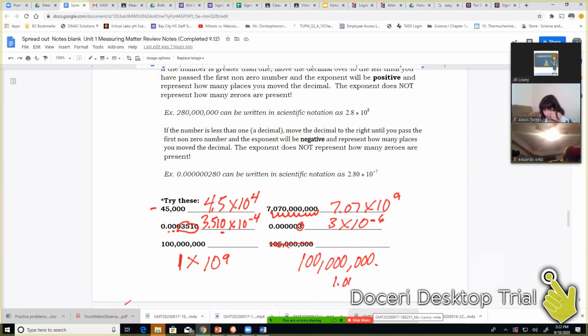So this one really wouldn't be worth writing, because I would have to rewrite it and give it all these zeros. How many places would I have moved it? 1, 2, 3, 4, 5, 6, 7, 8. I had to write all of those because they were significant figures, but I still moved my decimal 8. Not really worth writing that in scientific notation, is it?